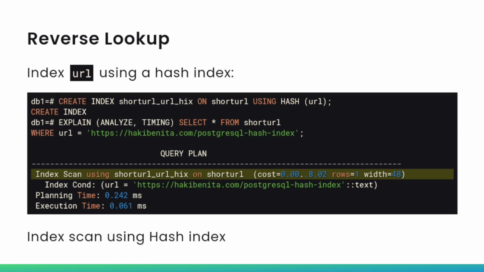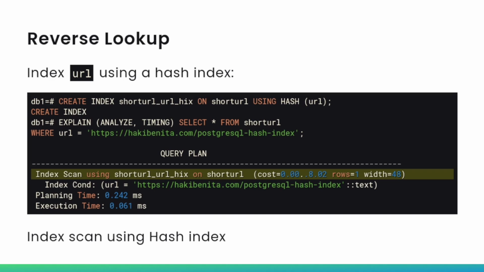And after we created the index, we execute the query again. That's the exact same query, okay? And look at that. First of all, Postgres decided to use the hash index, okay? So we have index scan on short URL HIX. That's the hash index we just created.